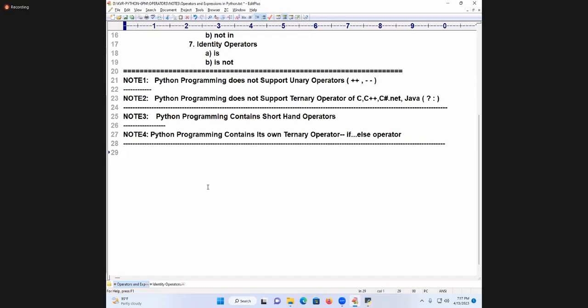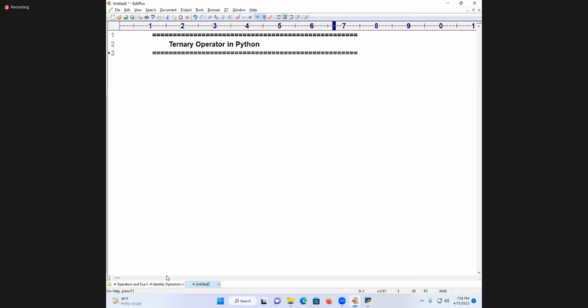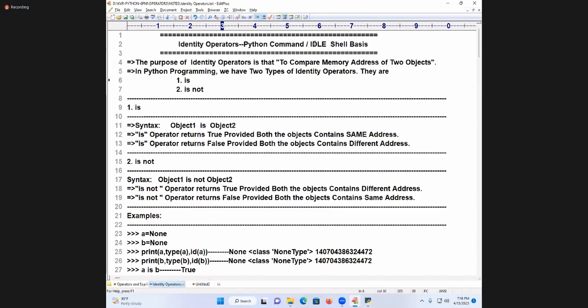Python ternary operator. Very important. And this type of thing, identity operators, is ideally tested only on the Python command prompt.